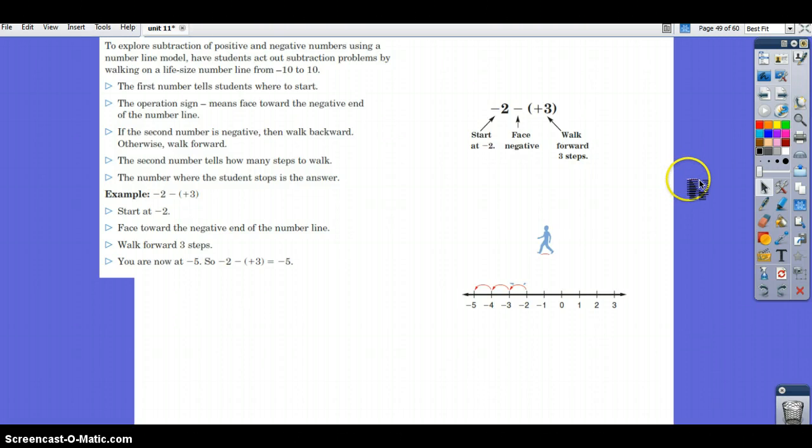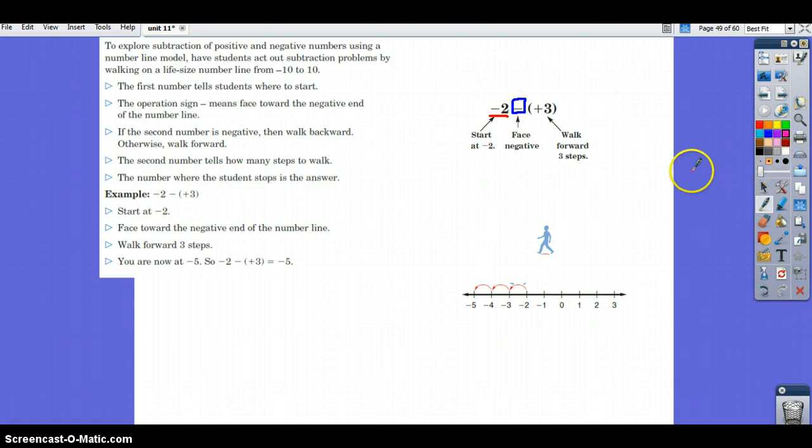So let's explore some subtraction of positive and negative numbers using a number line model. The first number tells you where to start. For example, -2. That's where we're starting. The operation sign means face towards the negative end of the number line. So look at the front of the room, and since this is negative, you're looking towards the negative side.